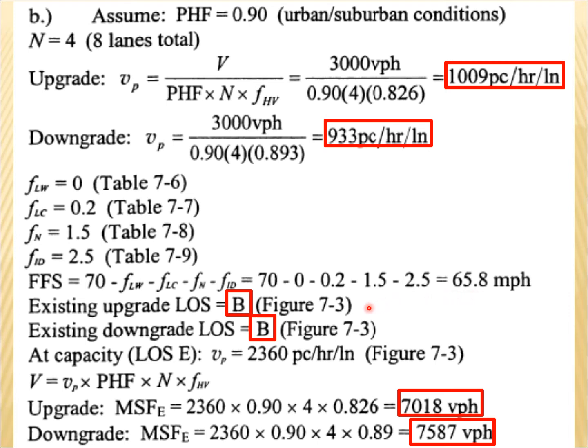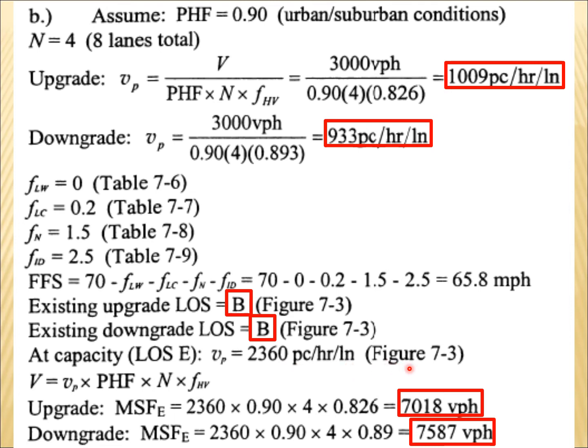So by consulting figure 7-3, the existing upgrade level of service is coming B, and by using figure 7-3 again, existing downgrade level of service is again B. At capacity, level of service E, because in that particular case V sub P is 2360 passenger car per hour per lane.